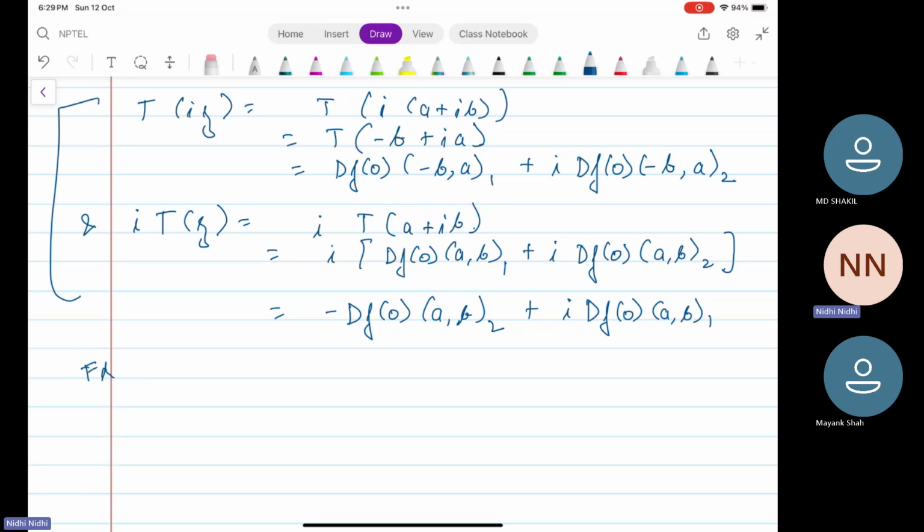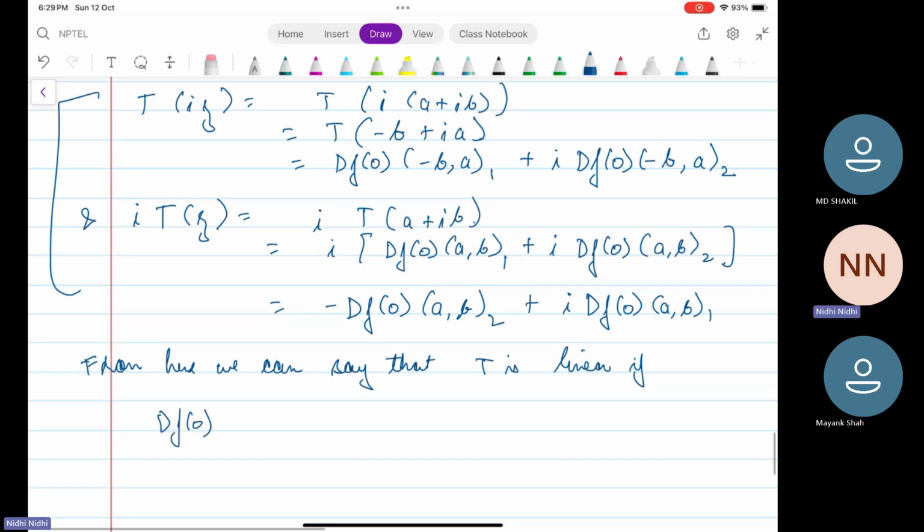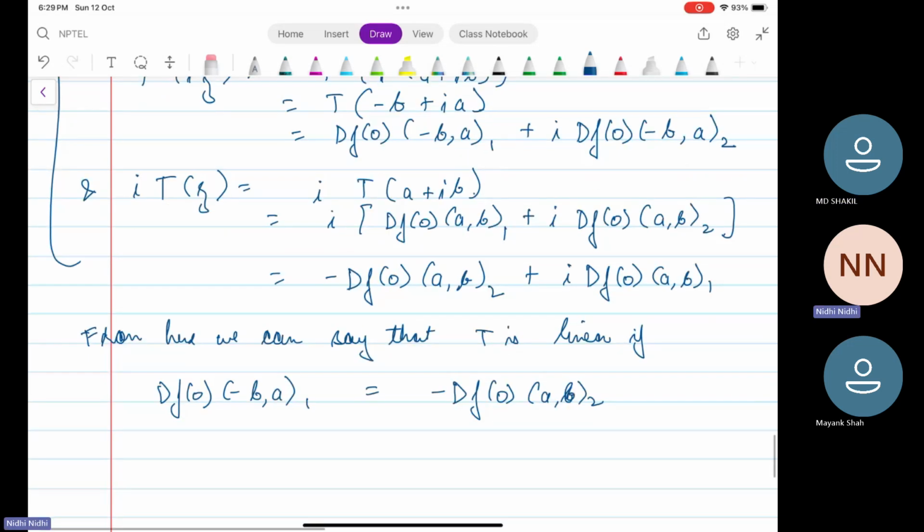From here we can say that T is complex linear if df0 at minus b comma a first component is equal to minus df0 at a comma b second component, and df0 at minus b comma a second component should be equal to df0 at a comma b first component.